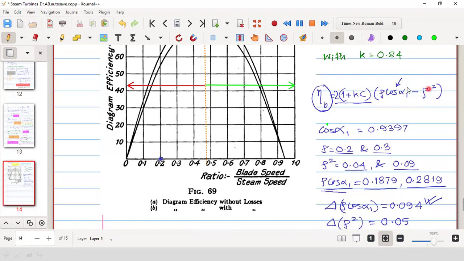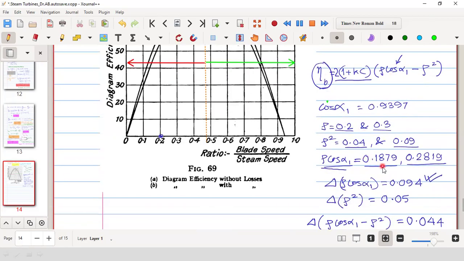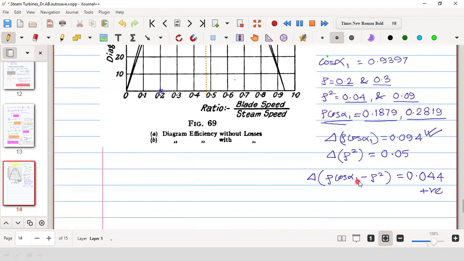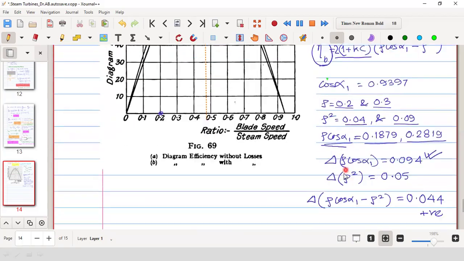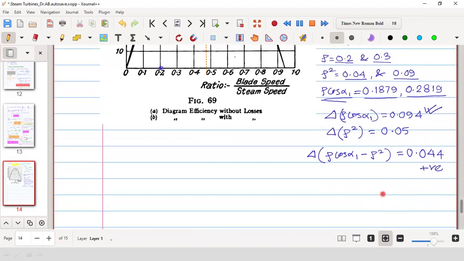If this quantity decreases, then the blade efficiency will decrease. It cannot be negative, definitely, but if this is increasing, then this will increase. If this is decreasing, then this will decrease. Now we see that the delta of this is positive, therefore this quantity is increasing, therefore efficiency will increase during the first time. Okay, therefore efficiency will increase.